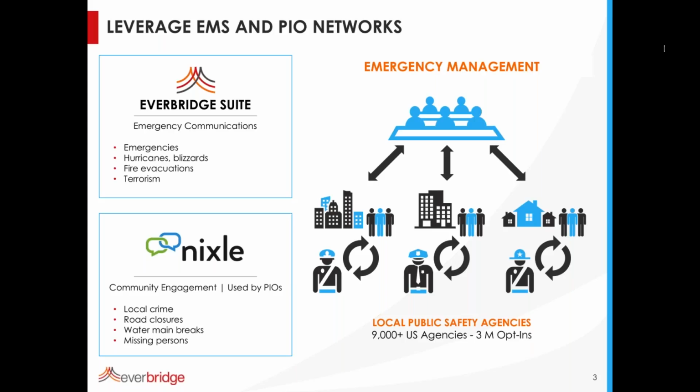So the idea is essentially Nixle continues to operate at a municipal level. Agencies are connecting on a daily basis with their residents. They're driving opt-in numbers at a very local level. And Everbridge customers, typically OEMs or similar county-level agencies, get to benefit from those opt-ins, which is a very powerful concept.